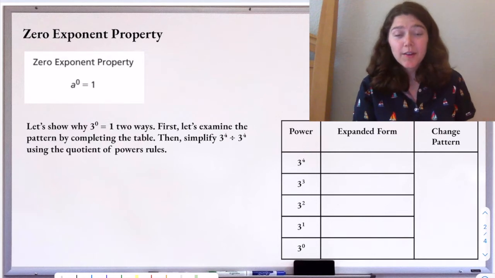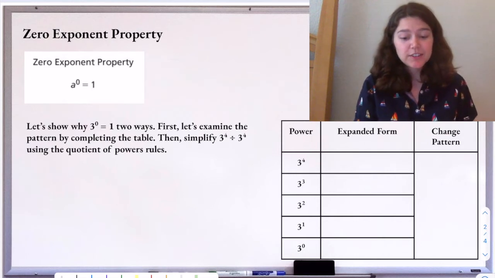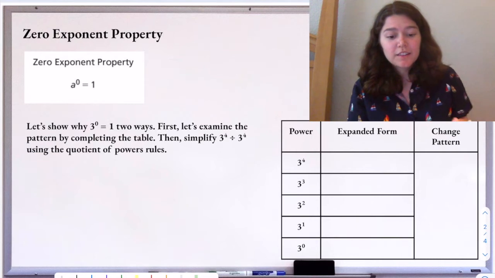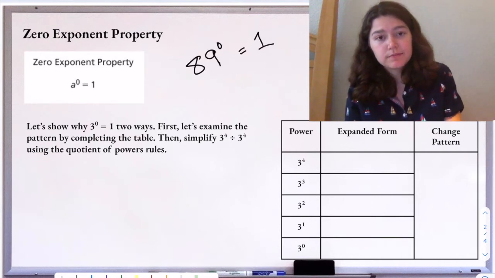Okay, so the zero exponent property is really quite simple. It says a, which can be any number except for 0, positive, negative, fractions, a to the power of 0 is equal to 1. Just the number 1. So like 89 to the power of 0 equals 1.